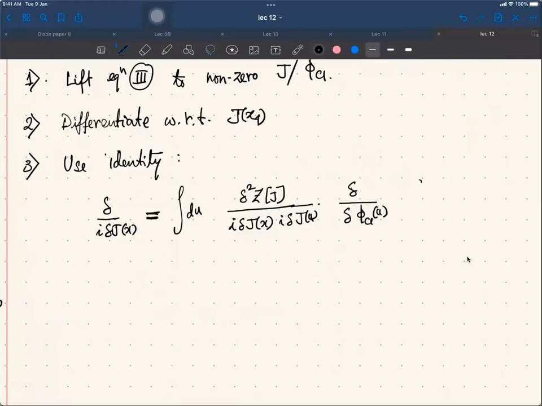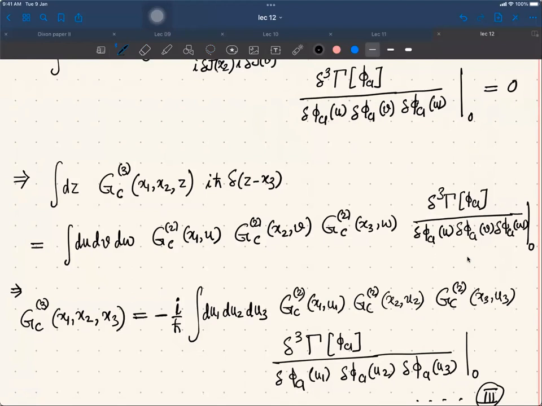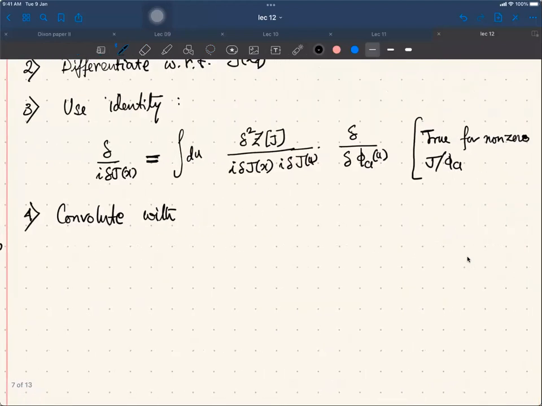So true for non-zero j phi CL. Then finally convolute with, let me not write down the argument, but exactly what we did in the previous case. Multiply by G2 and integrate.